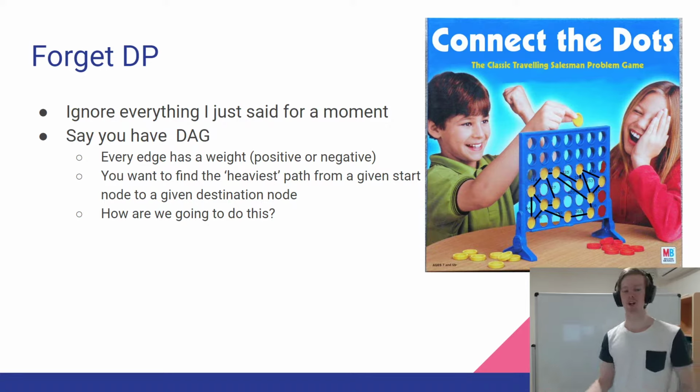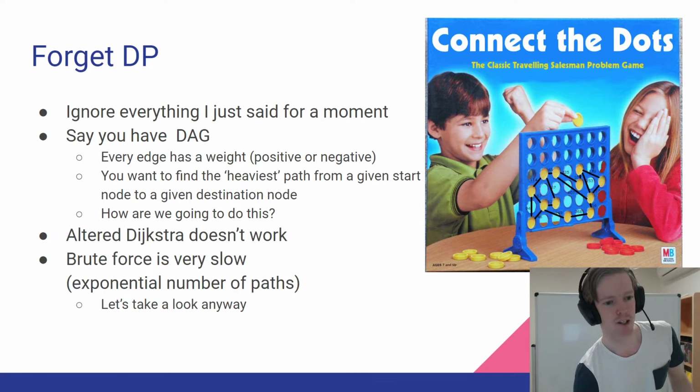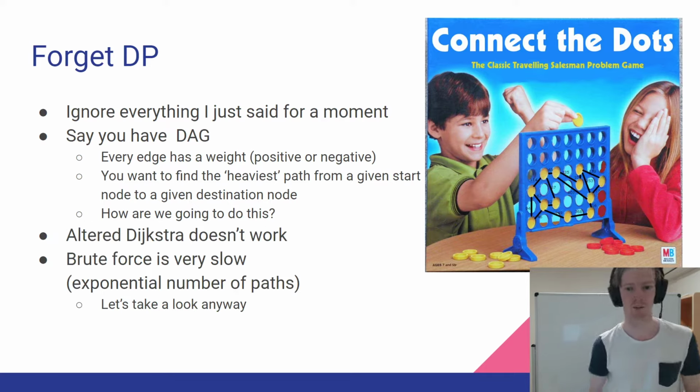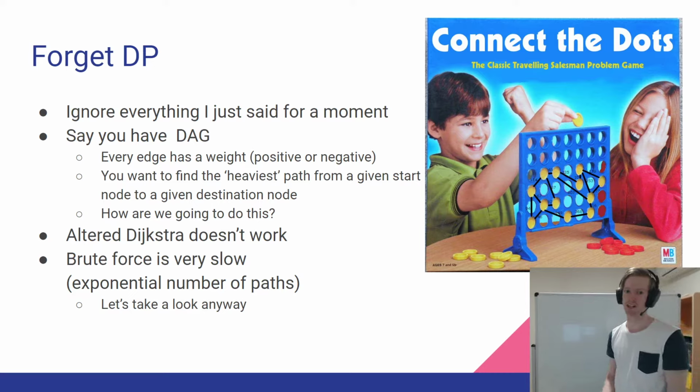It would be fine if we were trying to find the maximum with negative integers, but that is the literal inverse of Dijkstra's. So Dijkstra's is not going to work for this. So what are we going to do? Well, the other alternative is we can just look at every single path. This is obviously very slow, but let's explore that for a bit.